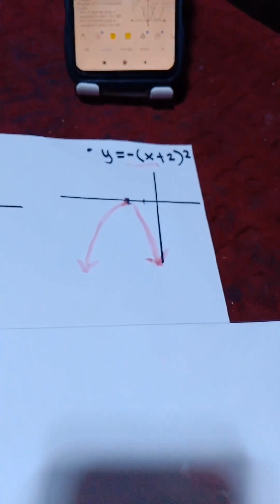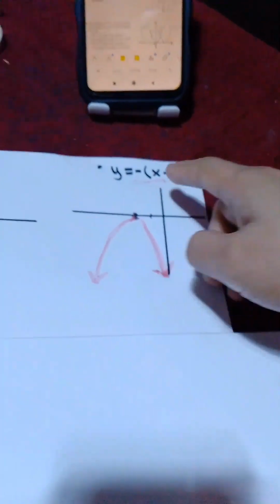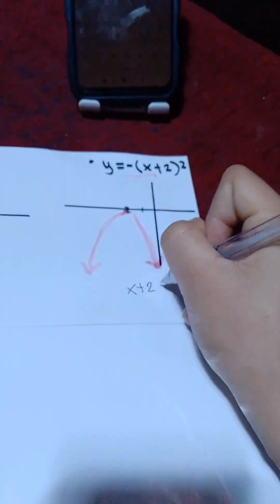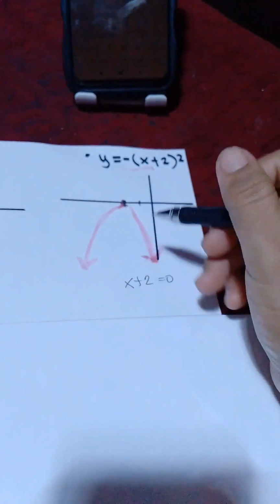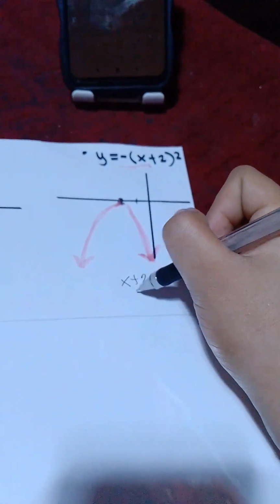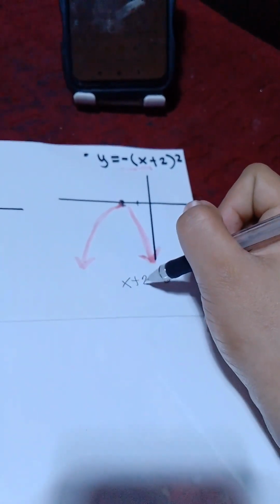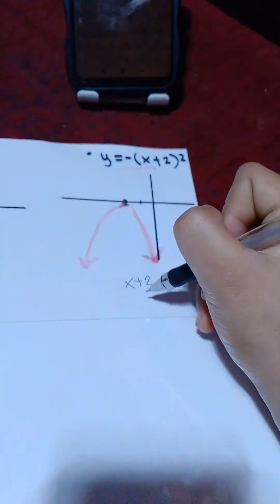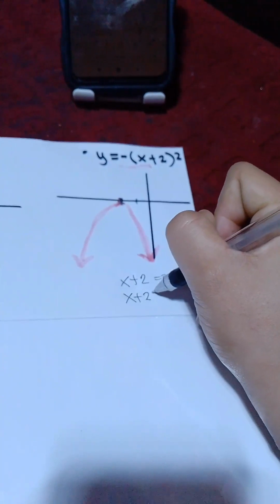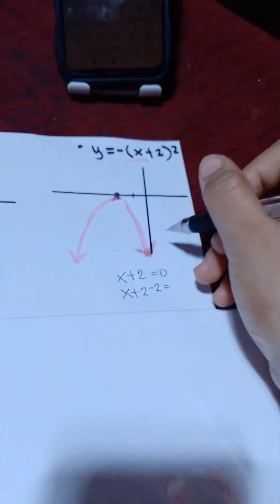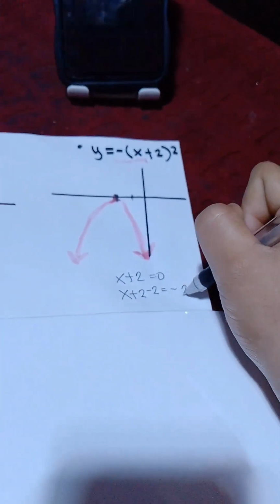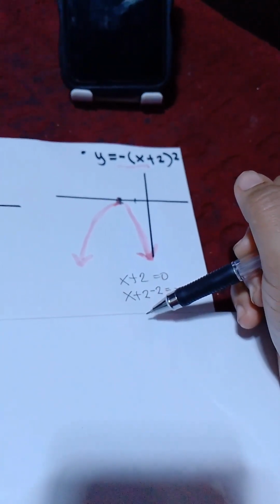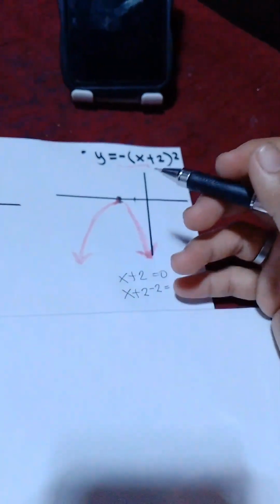Again, where do we get the 2? It's here. We have x plus 2 equals 0, and then we subtract 2 to cancel this positive 2. We do the same thing on the other side.